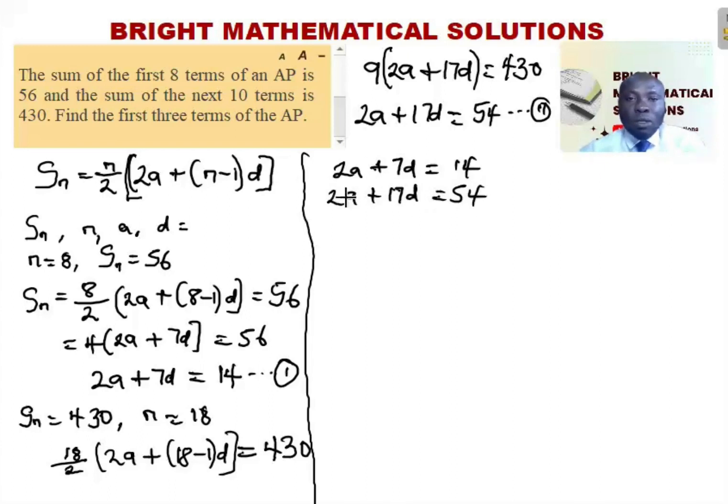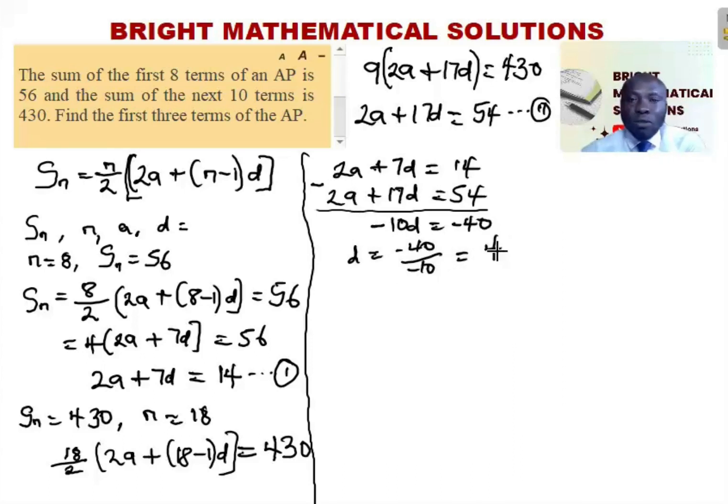To solve this simultaneously, we eliminate one of the unknowns so that we can solve the first unknown and then come back to the second. So let us subtract. 2a minus 2a cancels out. 7d minus 17d is minus 10d. 14 minus 54 gives us minus 40. So d equals minus 40 divided by minus 10. So our d is 4.